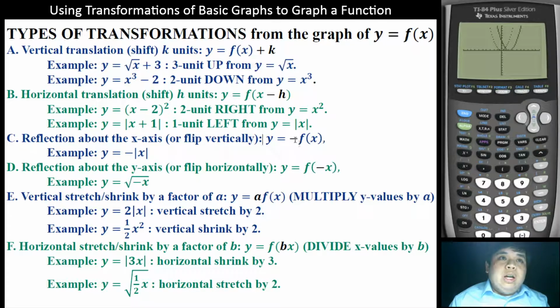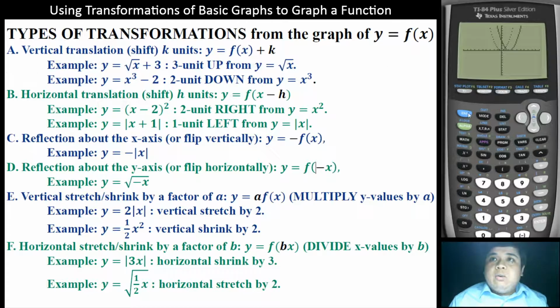In blue, if we put the minus just on the outside of the basic function, it will be a reflection about the x-axis. And if we put the minus attached to x, it will affect the graph horizontally. In particular, it will reflect horizontally.